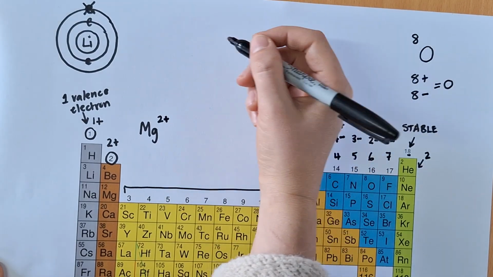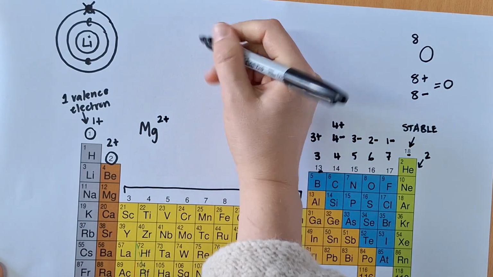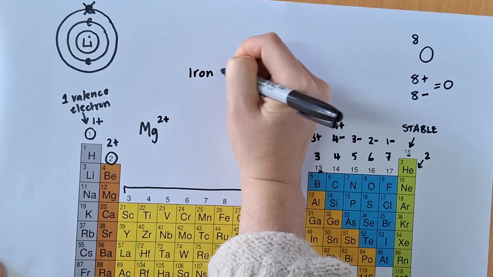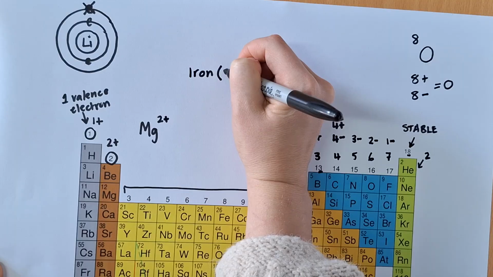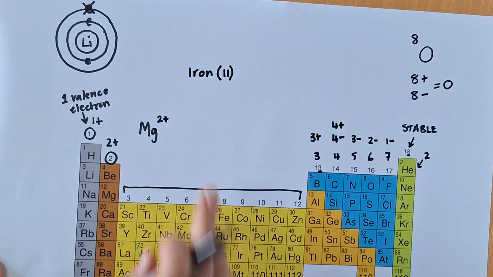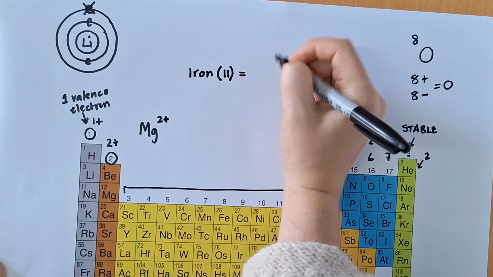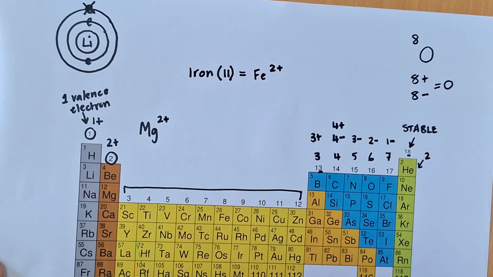So if I was using iron in an experiment, it would say something like this. And then in Roman numerals afterwards, it would have brackets and it might have a 2. So this is Roman numerals for the number 2. This means that I'm dealing with an iron 2 positive solution.